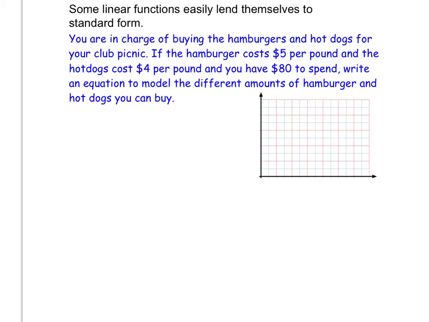So the two unknowns here are the amount of hamburger and the amount of hot dogs. So, just because they're both H's, I think this time I'm going to call x the pounds of hamburger, and y the pounds of hot dogs.